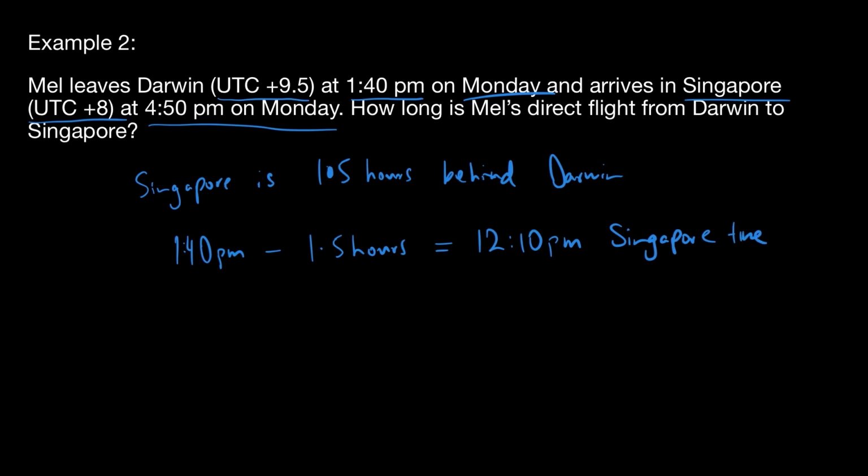Now we need to look at the difference from 12:10 to 4:50, and that's going to be the length of the flight. So we can see it's 4 hours and 40 minutes flight time.